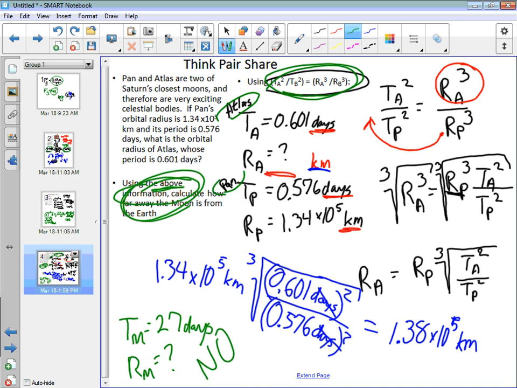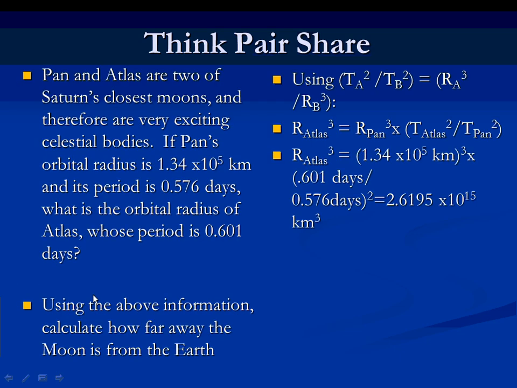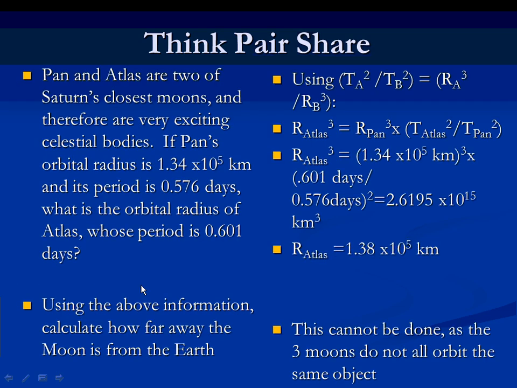Pan and Atlas are not orbiting the Moon. Our Moon does not orbit Saturn, so it doesn't work out. It's not possible to get this information from here. So how did I write that on my sheet? It says this cannot be done as the three moons do not all orbit the same object. Physics tried to trick you, but you saw through it. Oh yeah.